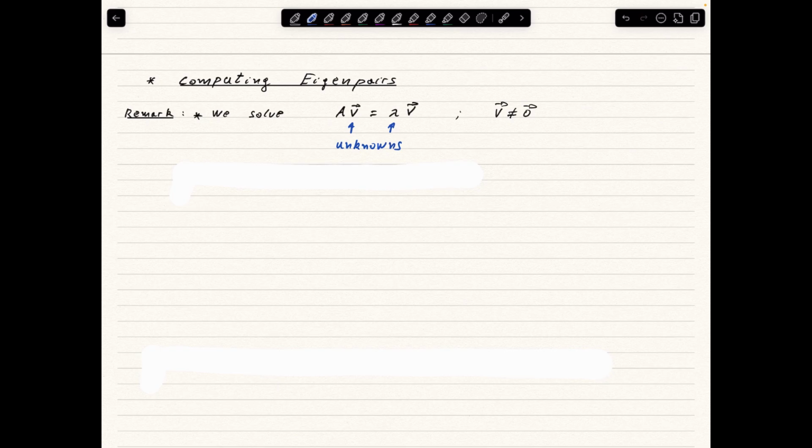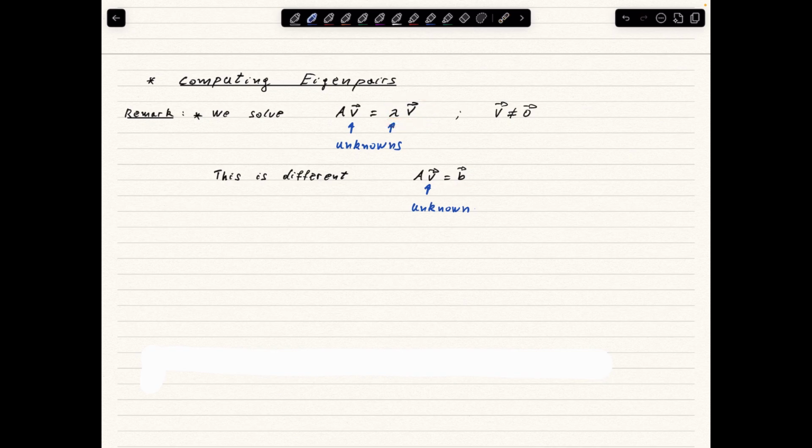And recall that this type of equation is different from the equations A acting on v equal a given vector, because here we have only one unknown, which is v. So the problem is that in our equation we have unknowns on the right hand side, not here. So what do we do?